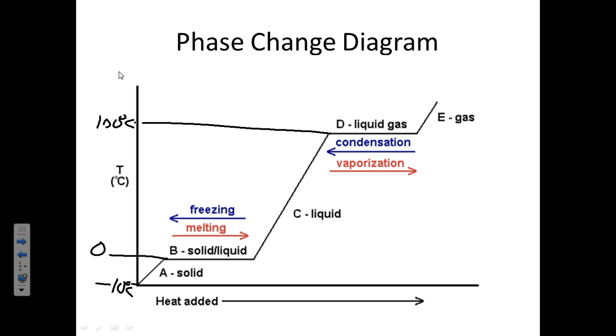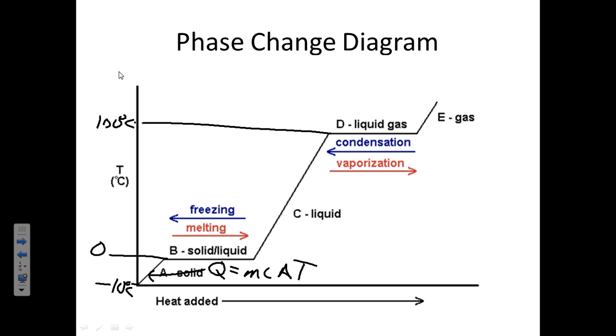But let's say, now notice we're adding heat. So as we go left to right, we're adding heat. So when we start adding heat at negative 10, what starts to happen to the temperature? It starts to go up. And we can continue to add heat. And in this particular part of the graph, that equation will work. Let's say we know how much water we have.